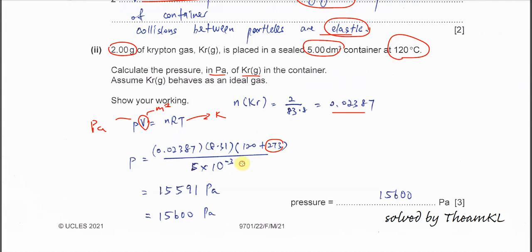And the last one is the volume. Volume is in dm cube. To convert to meter cube, you must divide by 1000. So you get 5 times 10 power negative 3. Then you calculate, you get 15591. In 3 significant figures, it is 15600 Pascal.